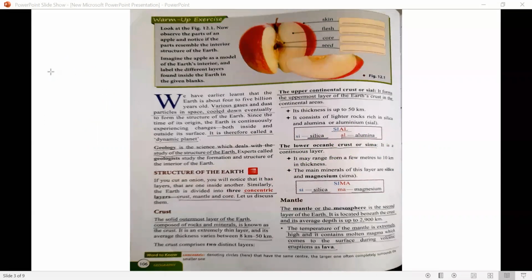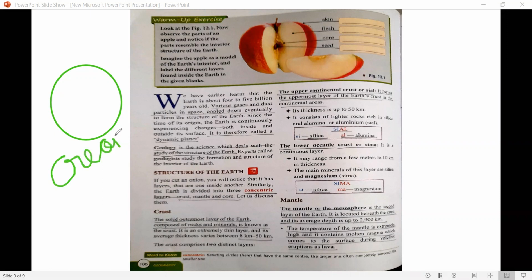So what is the Earth called? The Earth is not called a sphere, it is not called a circle, it is not called any type of circular shape, but it is called the geoid. It is known as the geoid.